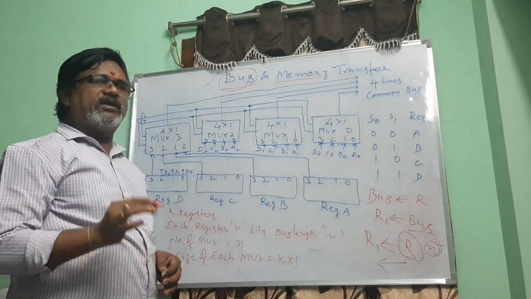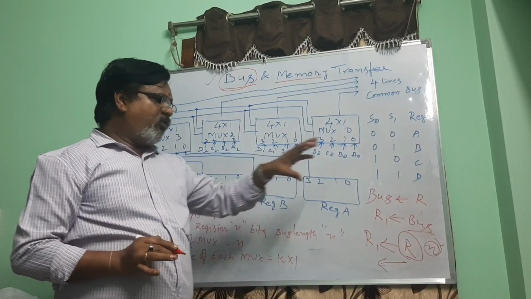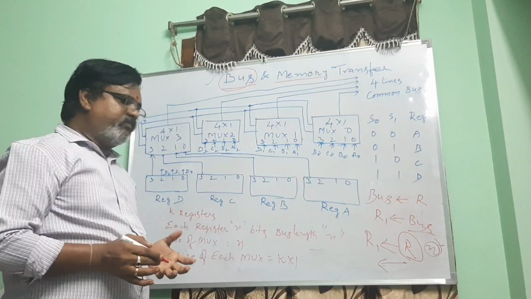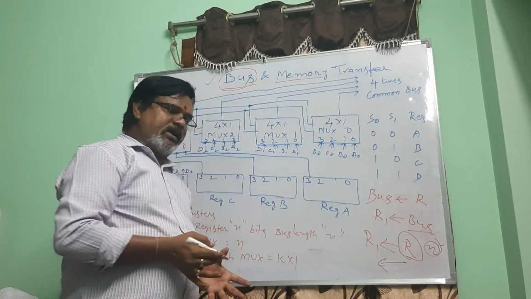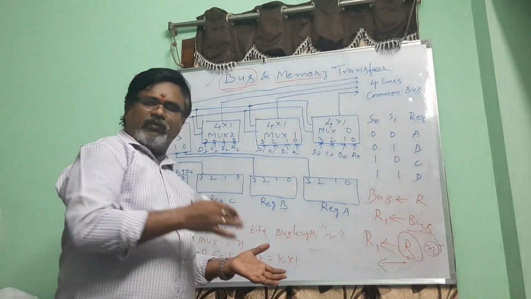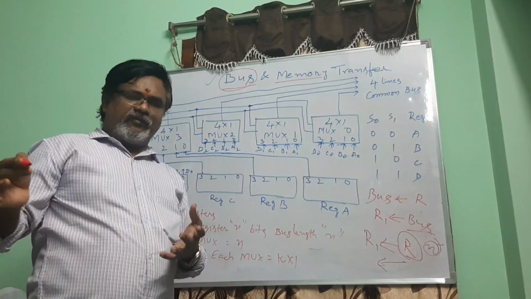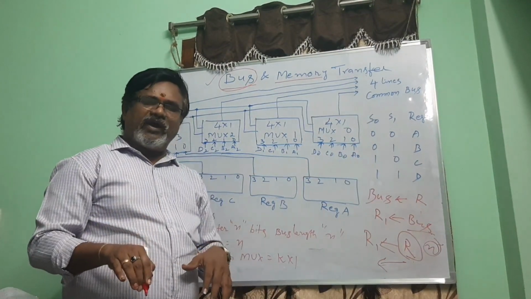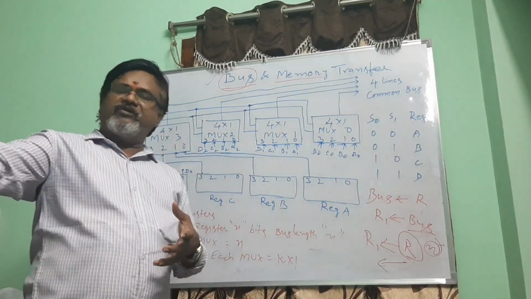But how is the data of one register transferred? See, for example, if there is a book on a table and you want to transfer it to your bag or your reading room, somebody needs to carry it. That means your hands, initiated by yourself, hold the book and move it from one place to another.